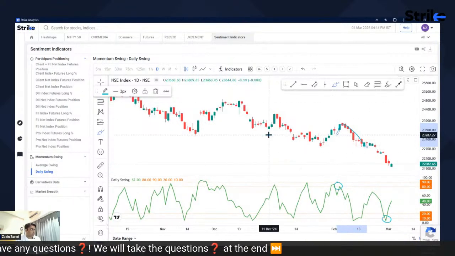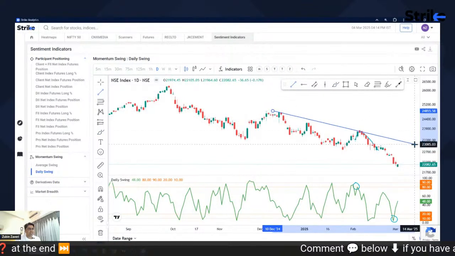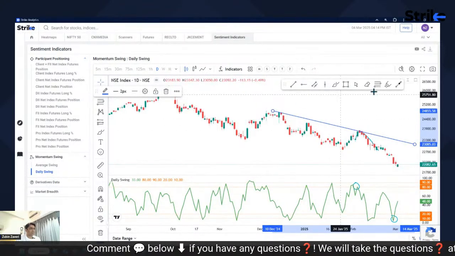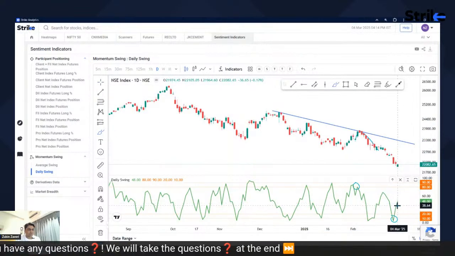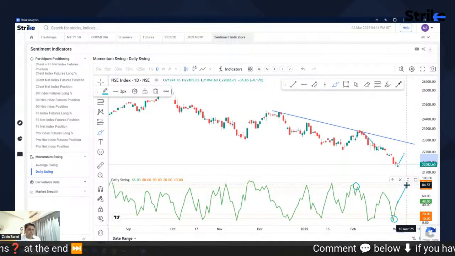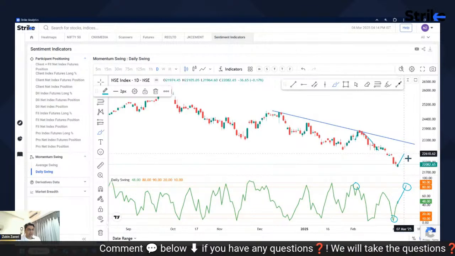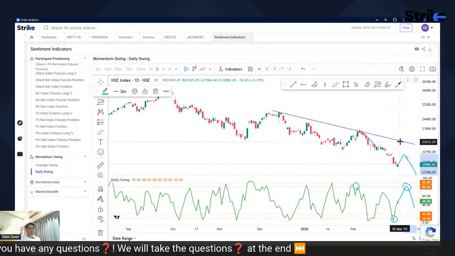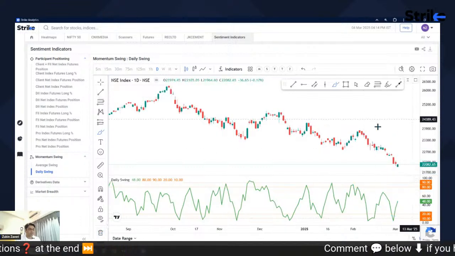So right now the trend is down. We can wait for Nifty or the indicator to do something like this. It can bounce back, and when these indicators come to an overbought zone and Nifty is still in a downtrend, this can take Nifty down further. So something like this we can expect as of now.